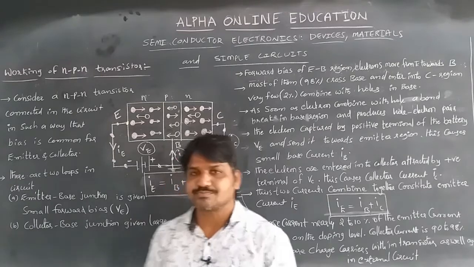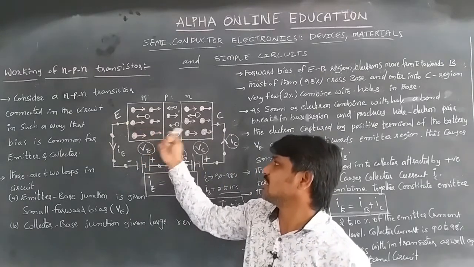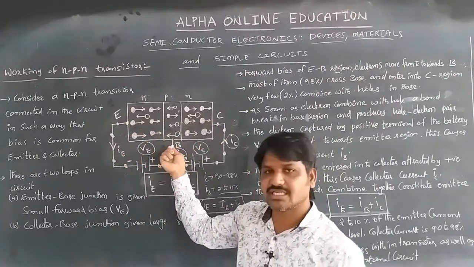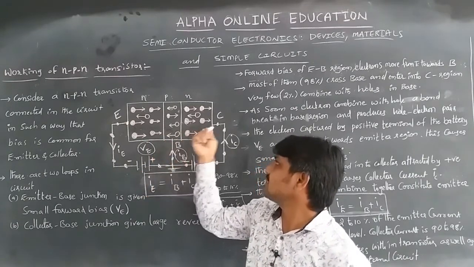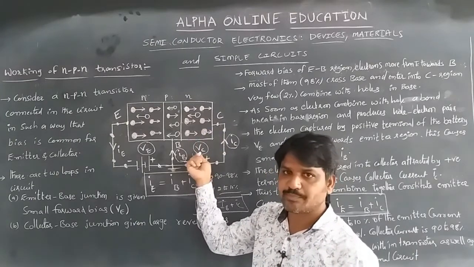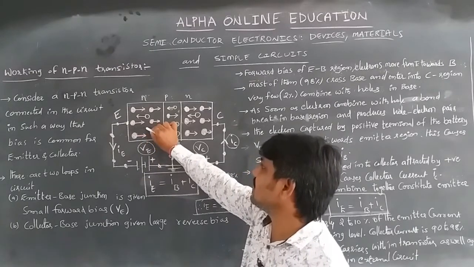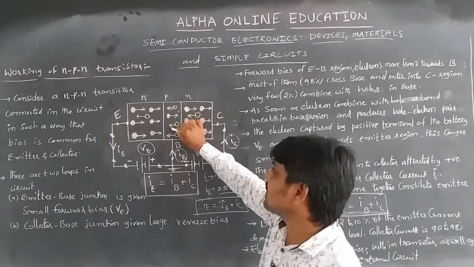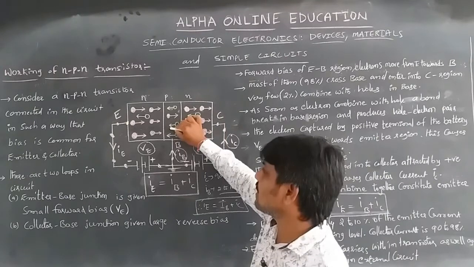Once again, in the NPN transistor, the emitter-base junction is connected in a small forward bias with battery VE, and the base-collector junction is in a large reverse bias with battery VC. Due to the forward bias, electrons are emitted by the emitter and sent to the base. Most of them go to the collector, and some combine with the holes.